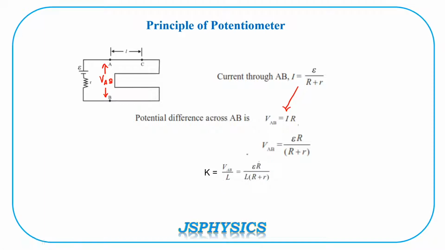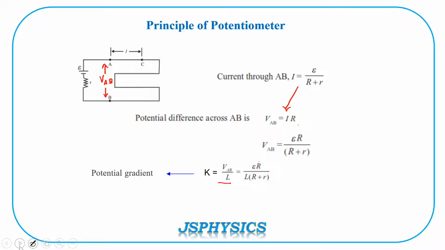Now if I divide this potential difference by the total length of the wire, I can write VAB upon L is equal to E into R upon L into R plus r. So I am dividing both sides by the total length of the potentiometer wire. Now this term VAB upon L we'll call K, and that K is the potential gradient of the wire.